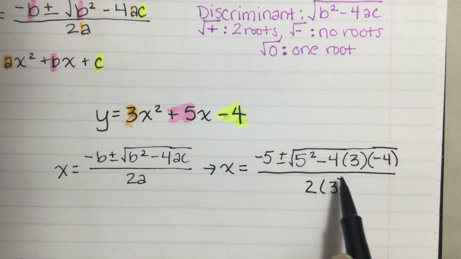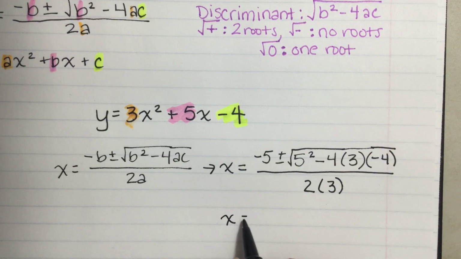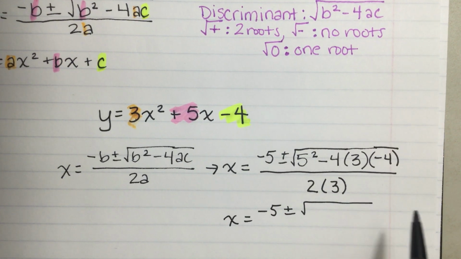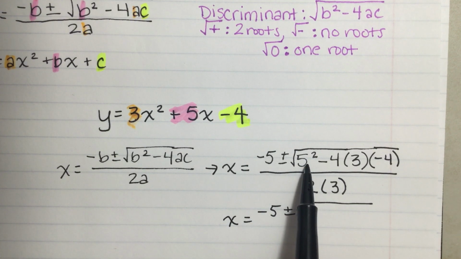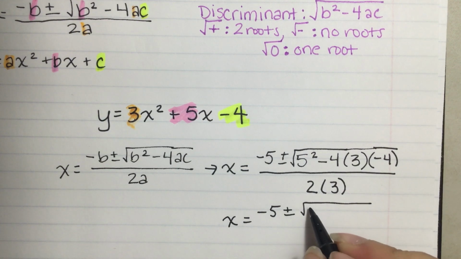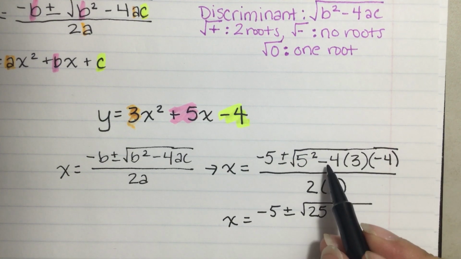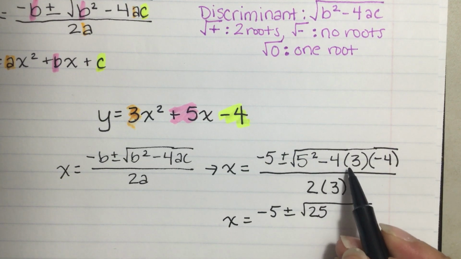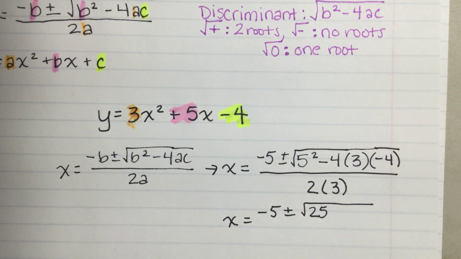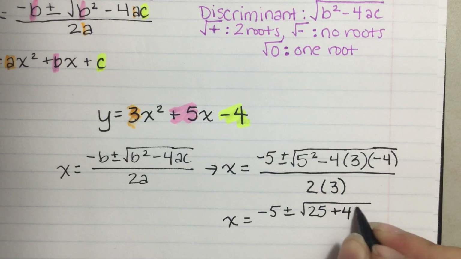So we're going to start with the discriminant. So we have x equals negative 5, we're going to keep that there, plus or minus the square root. So first step, 5 squared. And if you don't have a calculator, you can do it in your head. It's 5 times 5, so that's going to be 25. Then negative 4 times 3 is negative 12, and negative 12 times negative 4 is positive 48.